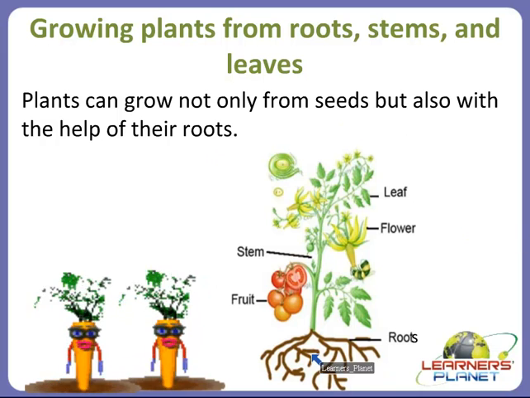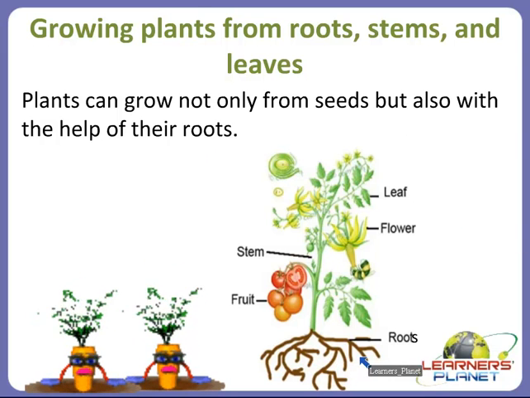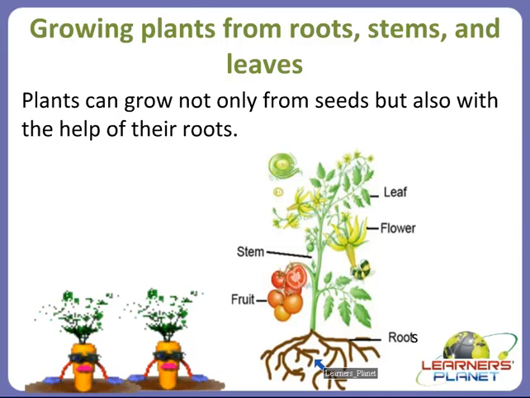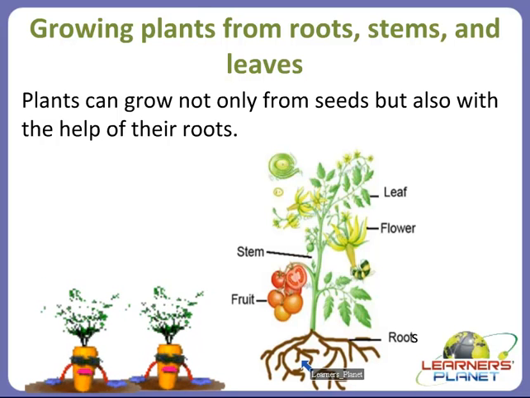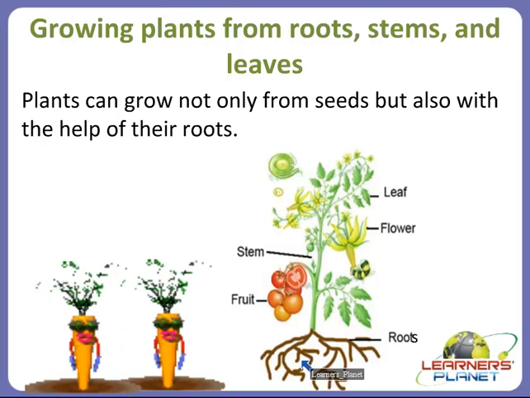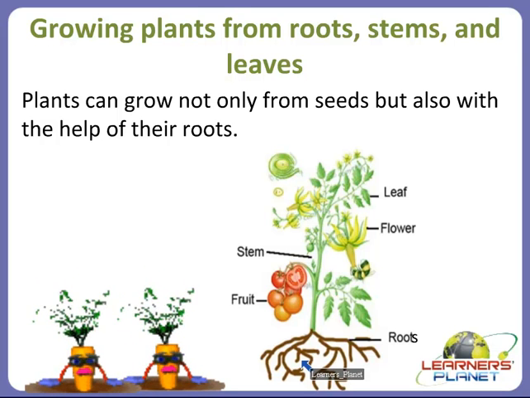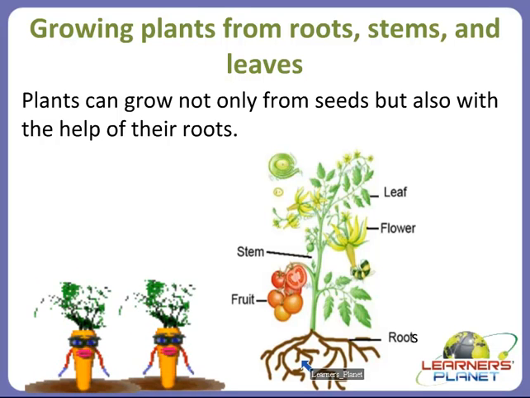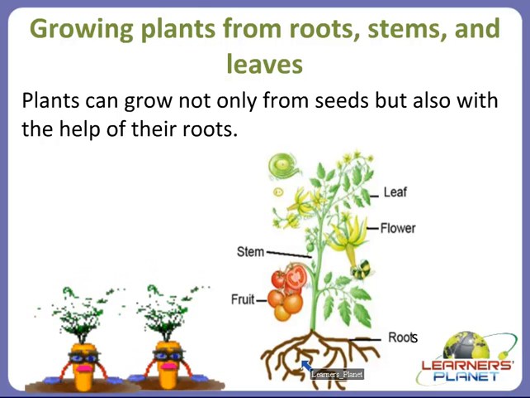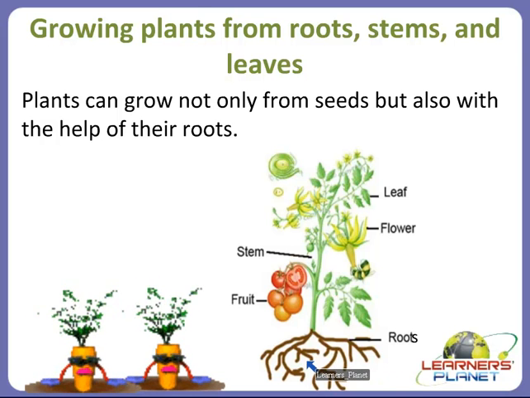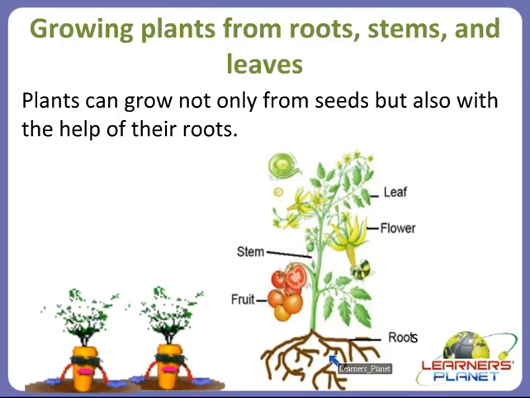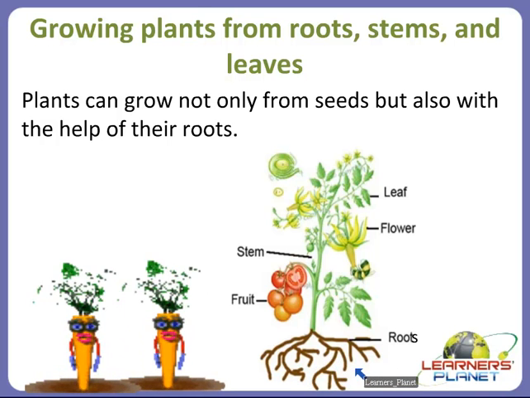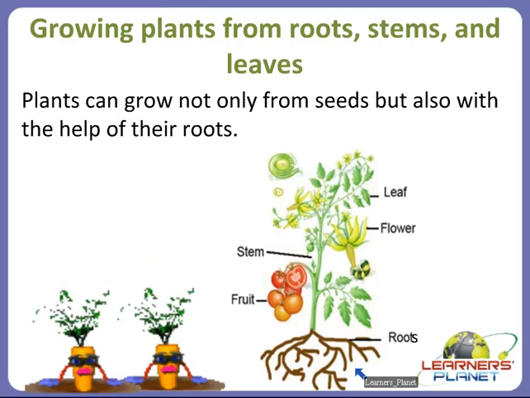So here you can see that roots play a very important role. As we also studied, roots are very helpful to plants because seedlings, or baby plants, absorb water and nutrients from the soil with the help of roots. In the same way, roots are also very helpful for the germination of plants.